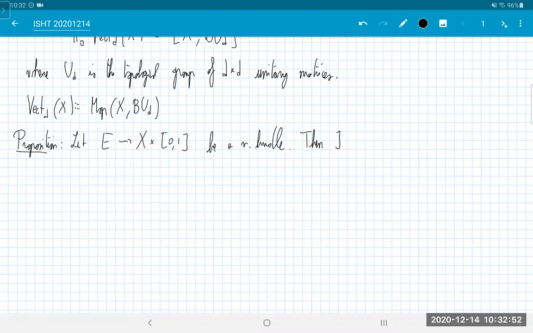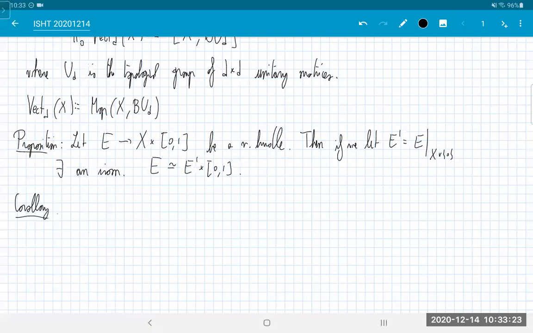Then if we let E' be E restricted to X times 0, there's an isomorphism of vector bundles E' times [0,1] as a vector bundle over X times [0,1]. So this is, as a corollary, the isomorphism classes of vector bundles, Pi 0 Vect, is homotopy invariant.